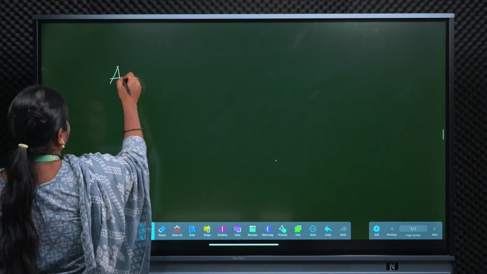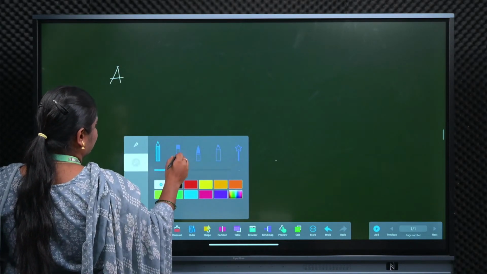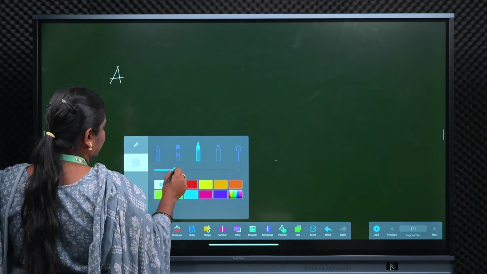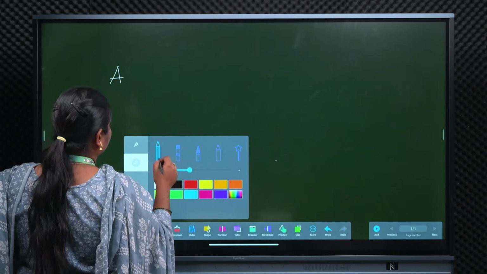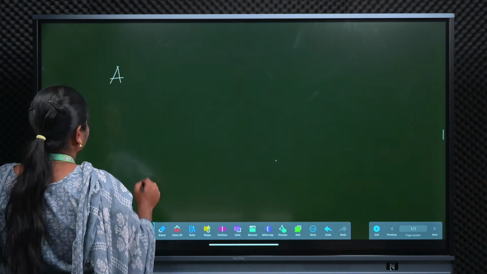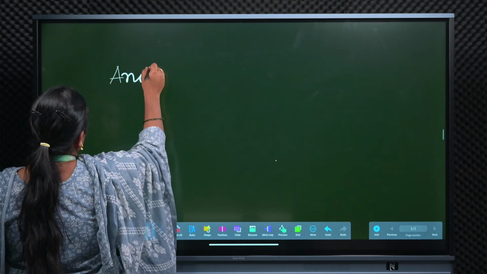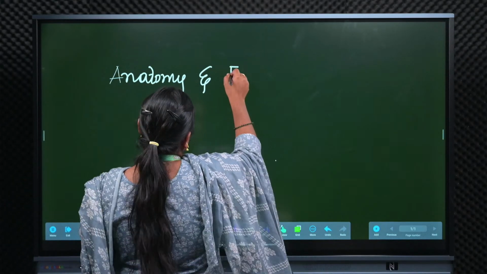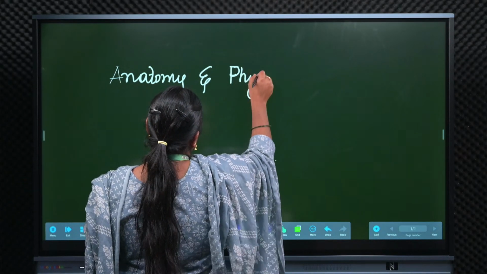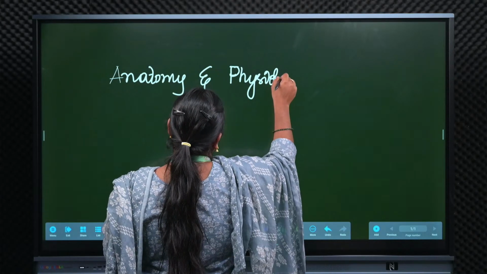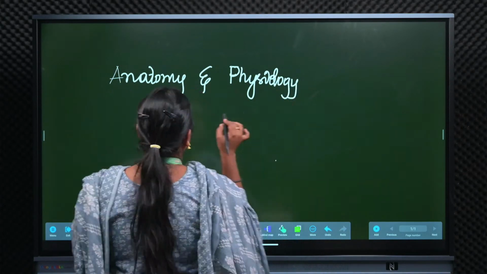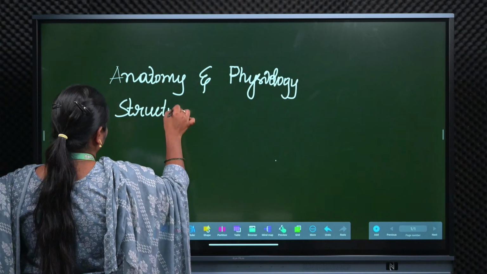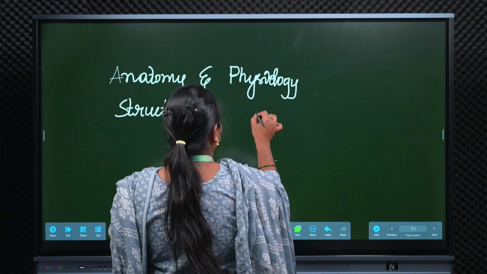So anatomy. Anatomy means structure, physiology means functions.